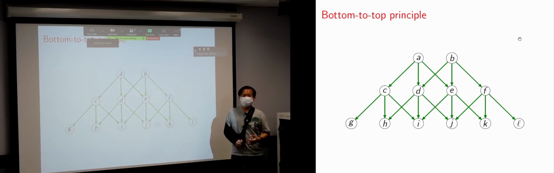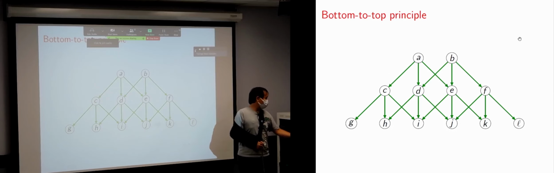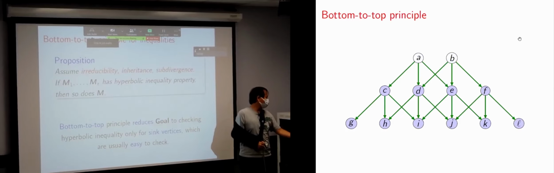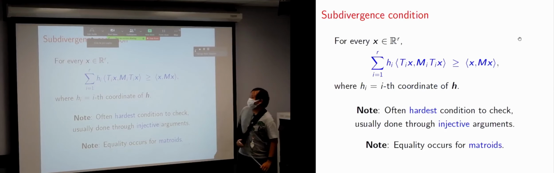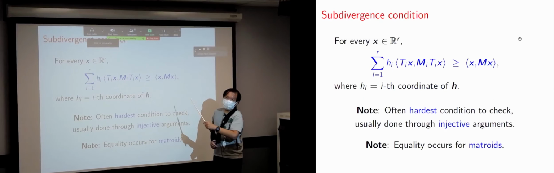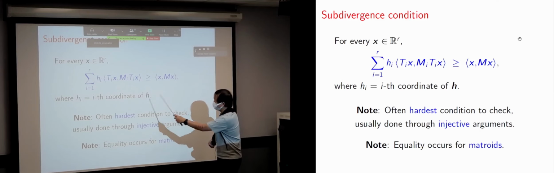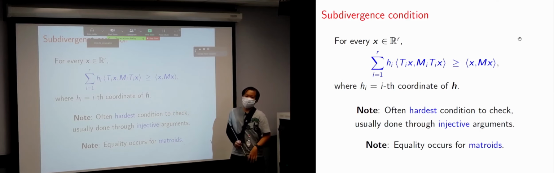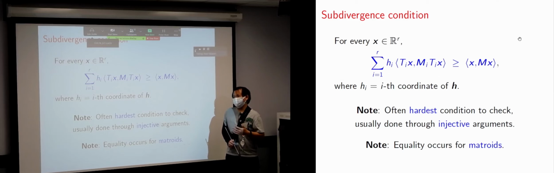Because, for example, as I said before, if you go to this condition, let me go back, this is an equality for matroids, and also for mixed volume. But in general, if you want to do posets, antimatroids, greedoids, this must be a strict inequality. So yeah, that would be my answer.